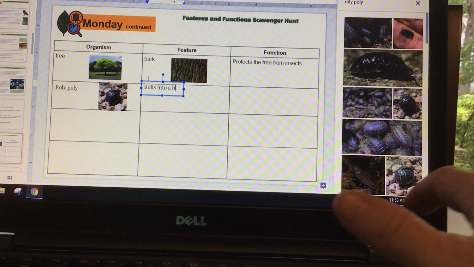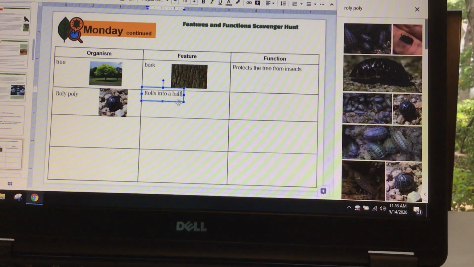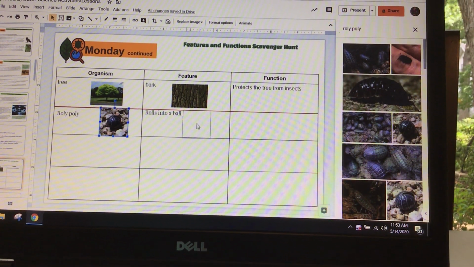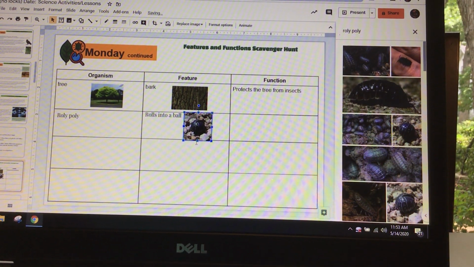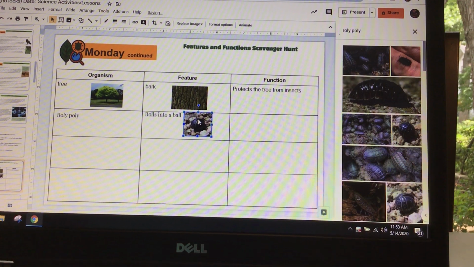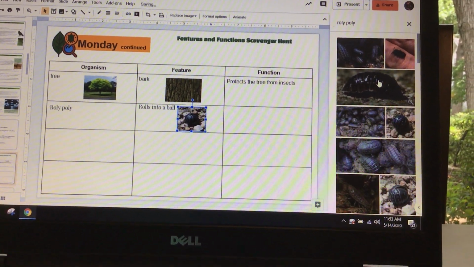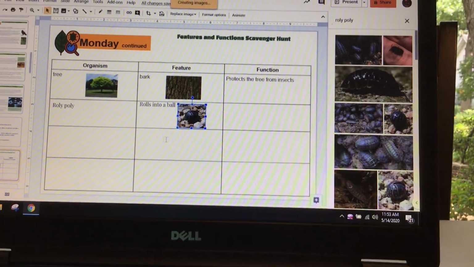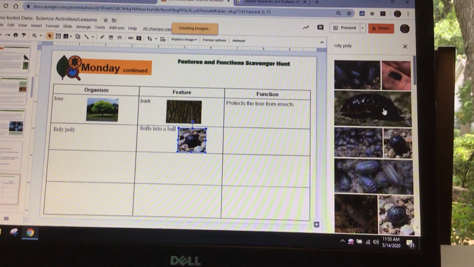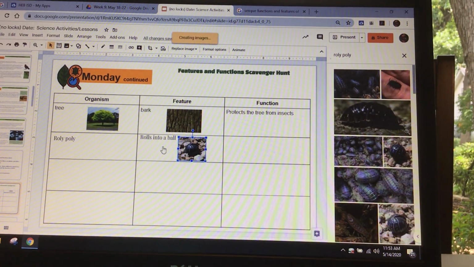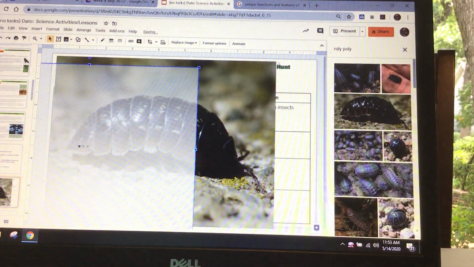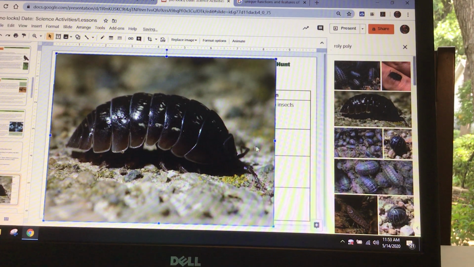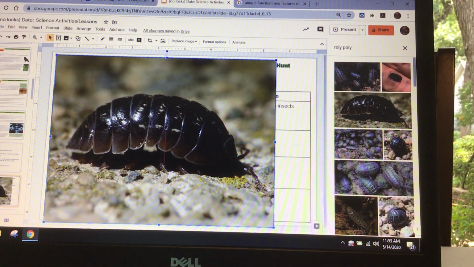Now that I think about it, I should probably put the picture of it rolled into the ball over here, because that's what the feature is that it does. And put the picture of the roly-poly open in this first one. Is it gonna move over there? Come on over. There it is. Oh, it did it twice. I didn't think it did it twice. Oh, those are so cool looking.